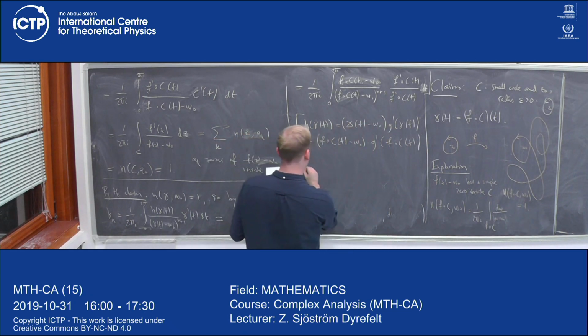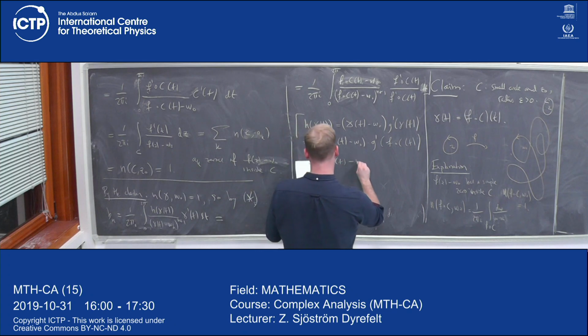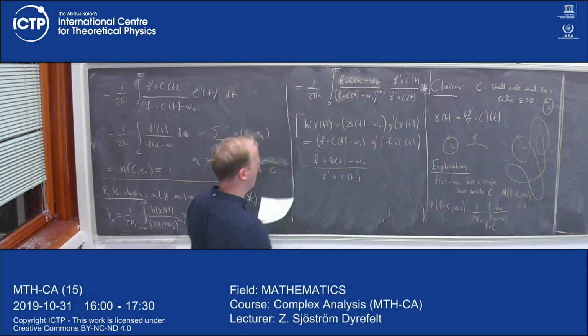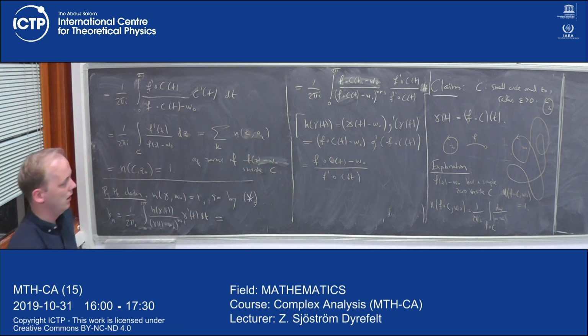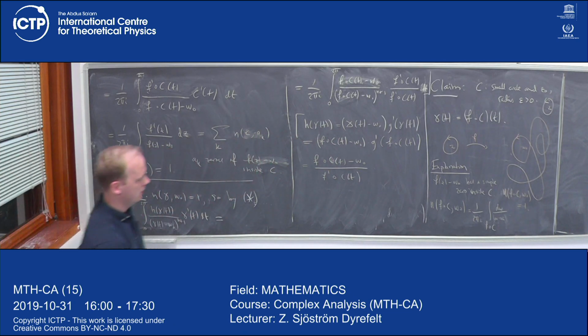okay, which is equal to, if you now use again the definition of this, g prime, c of t minus w0 divided by f prime of c of t. What have I used here?